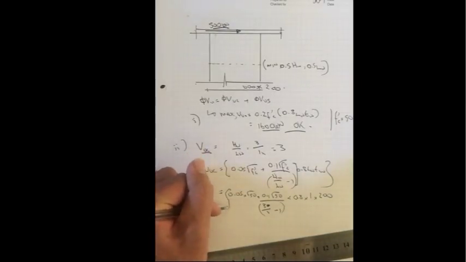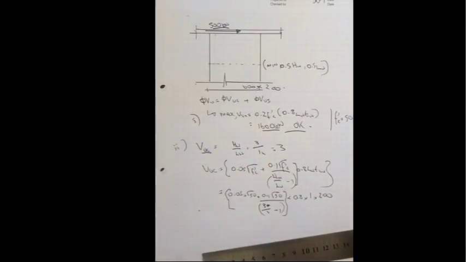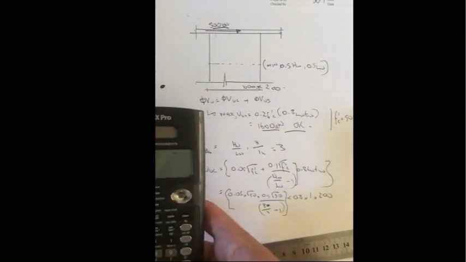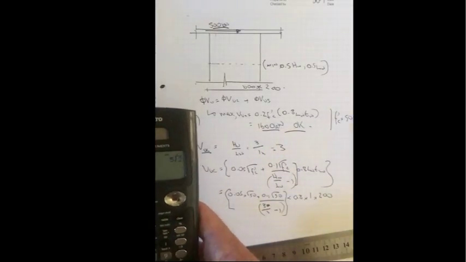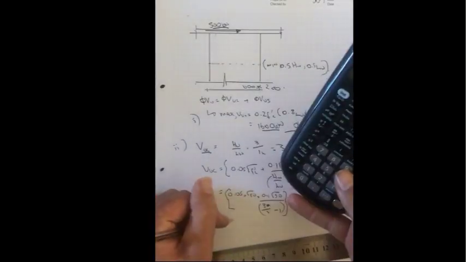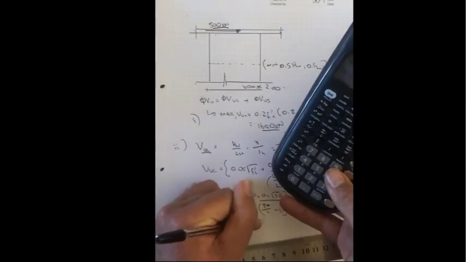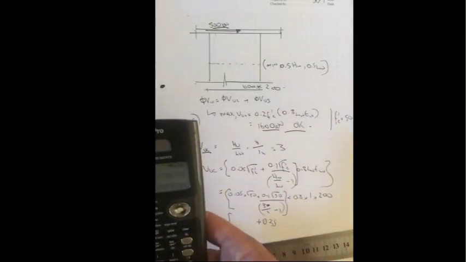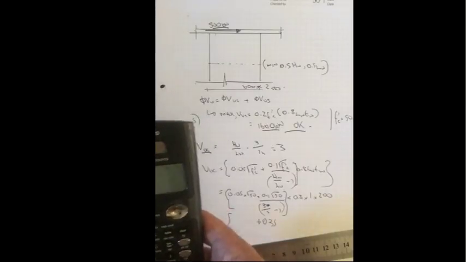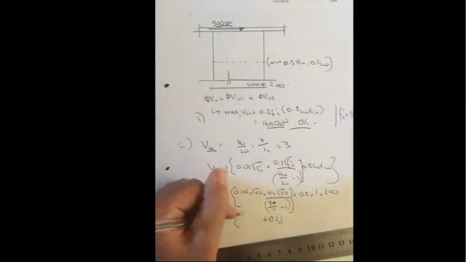So in this equation, sorry, the parenthesis is around here. So we have square root of 50 times 0.1 divided by 2, which is 0.35, and then plus 0.05 times square root of 50, 0.35.